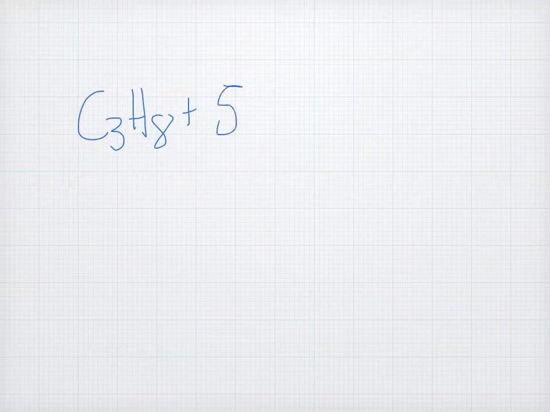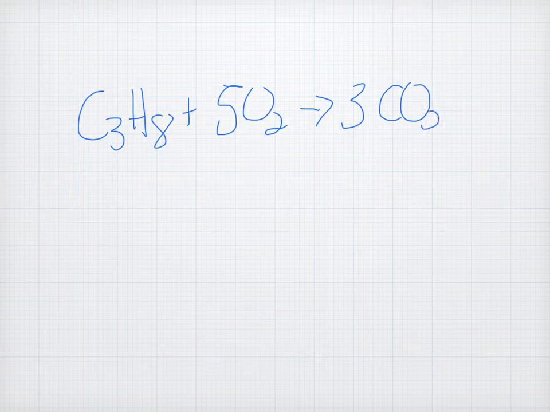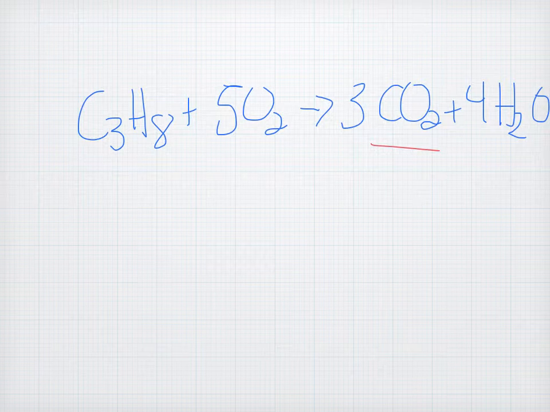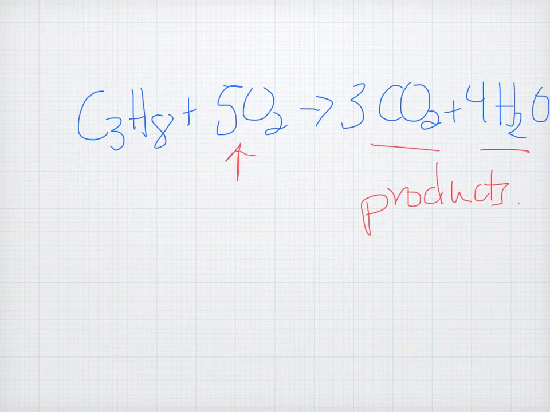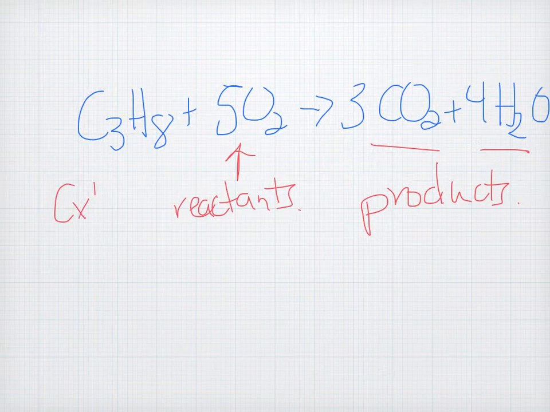So let's look at an example. C3H8 plus 5O2 gives me 3CO2 plus 4H2O. So I'll always get those results. So these will always be my products, and I will always have oxygen in the reactants with some form of hydrocarbon.